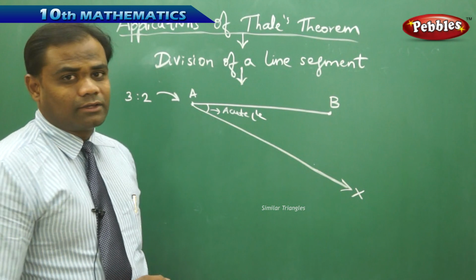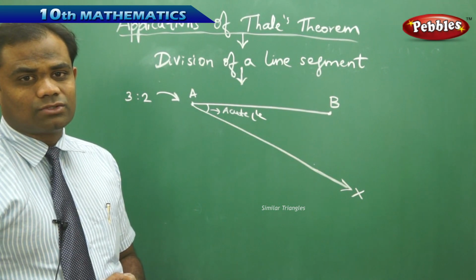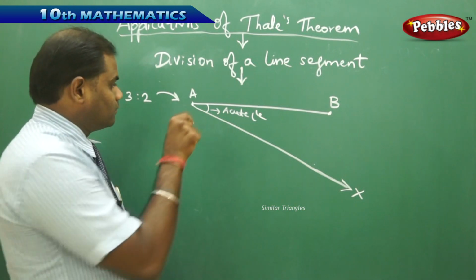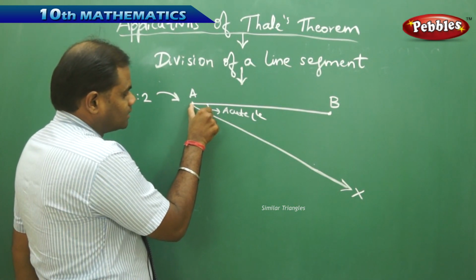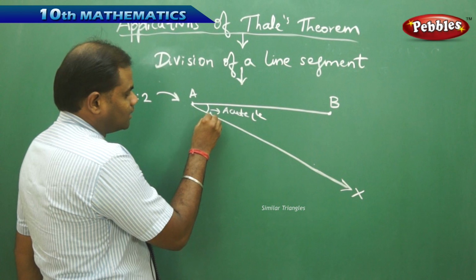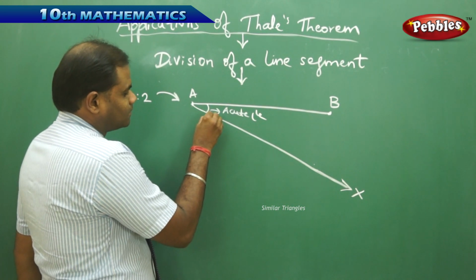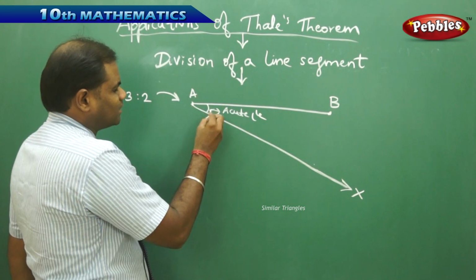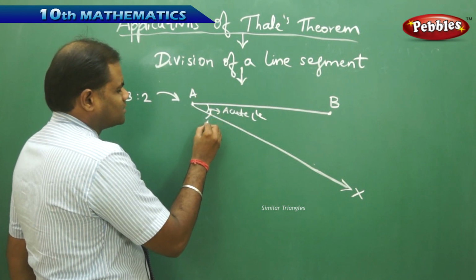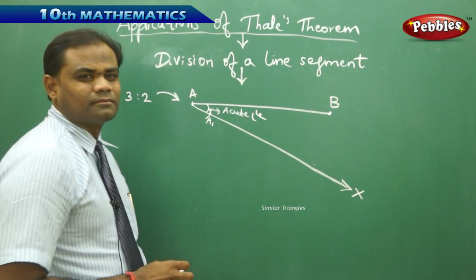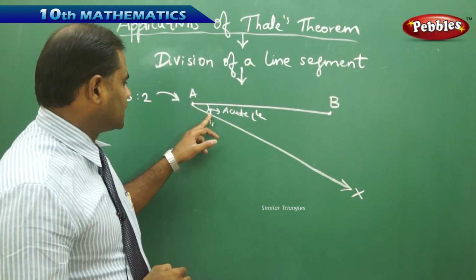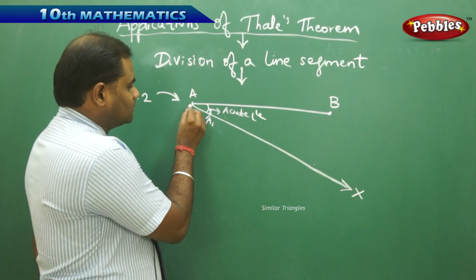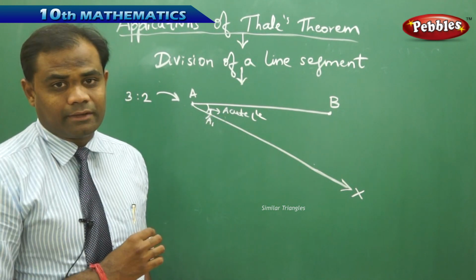Once I draw the acute angle, I take a suitable measurement with the compass, and I cut an arc out here. Initially I take some measurement and cut an arc, which I call A1. From here, taking this as the center, I again cut an arc with equal measurement as AA1.